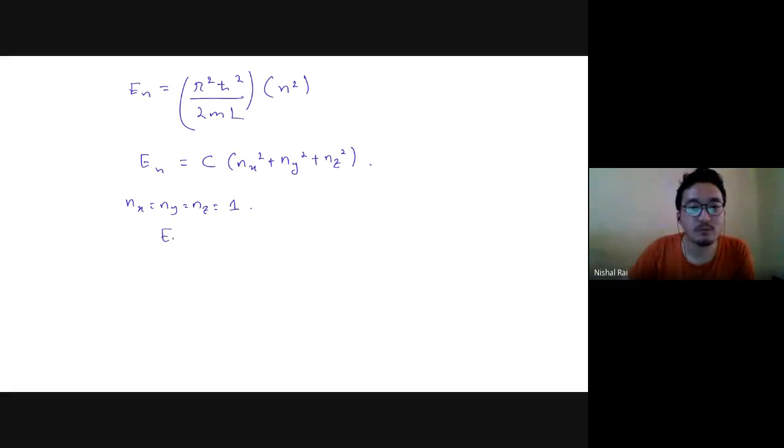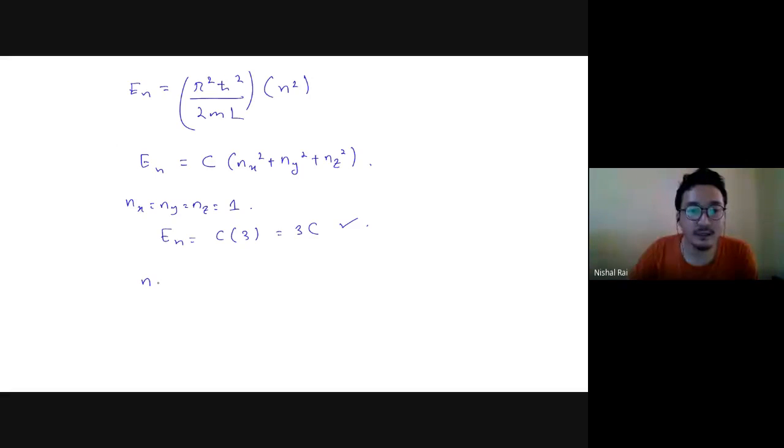So energy will be how much? Basically 3c. Clear? Is there any other possibility by which we can bring it down? Because the lowest number is 1, I think that we can't, because if you put 2, it will be 4. Now let's consider another.